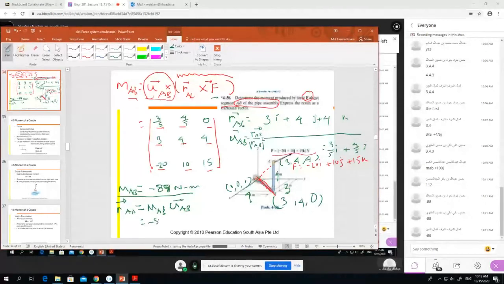So MAB equals minus 88 times UAB. UAB we can find from here, right? 3 by 5 i plus 4 by 5 j. Tell me please, what is the result?